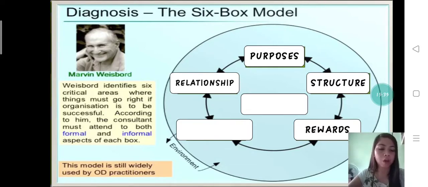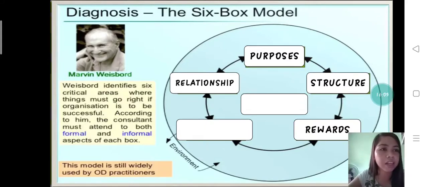Next, we have rewards. In an organization, there are always also what we call rewards, incentives for the members, for everyone, for the benefit of the organization. So the question is, for what actions does the organization formally reward or punish members? So what are your actions as a future administrator?